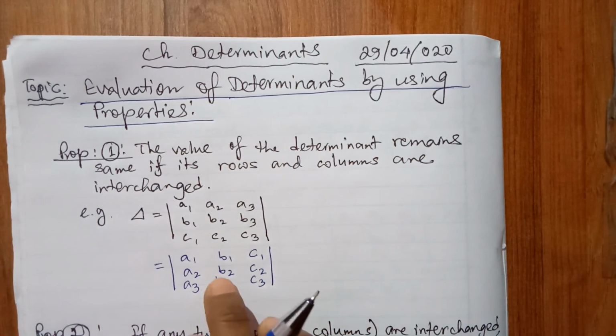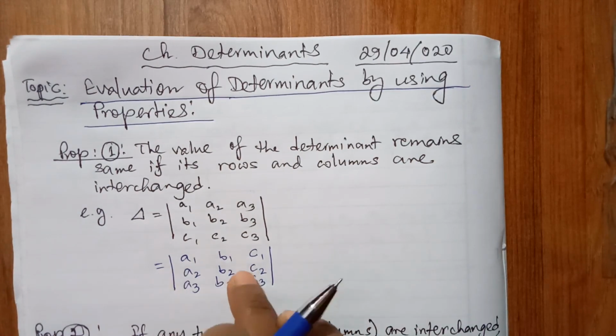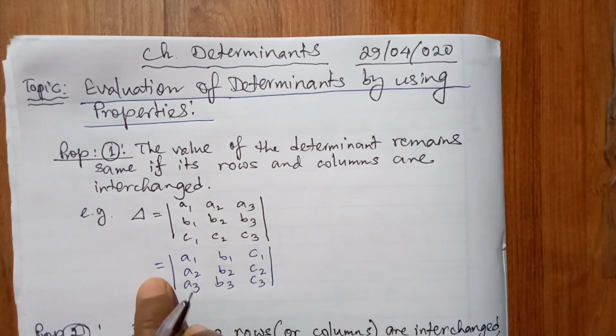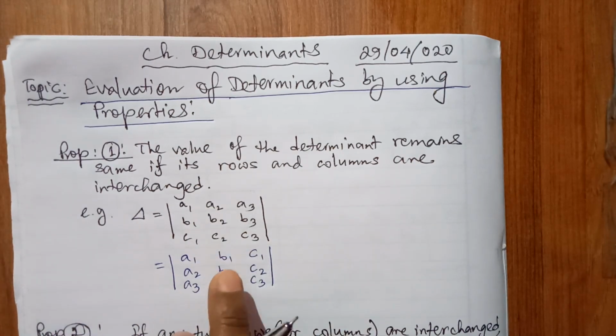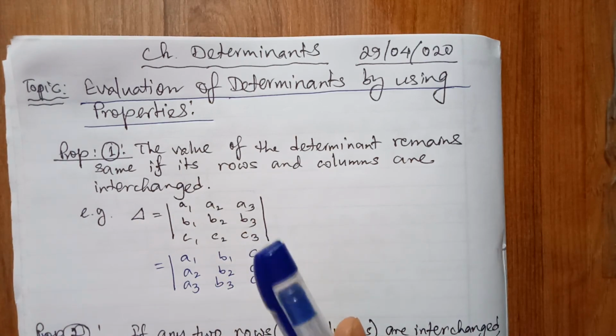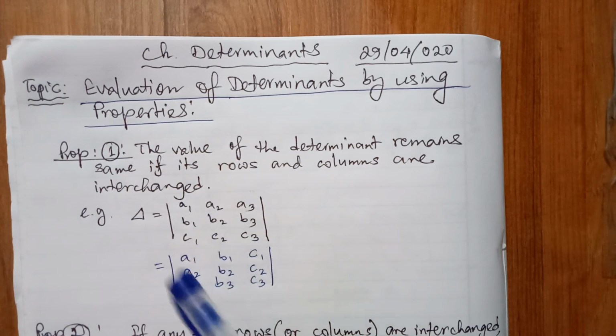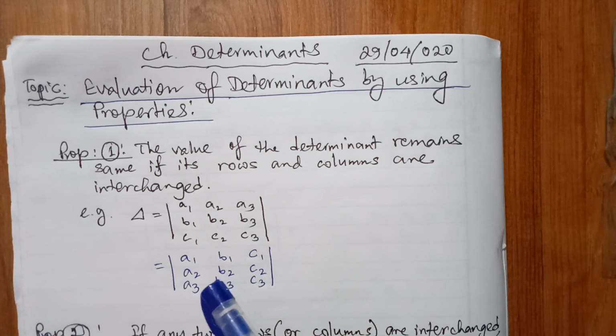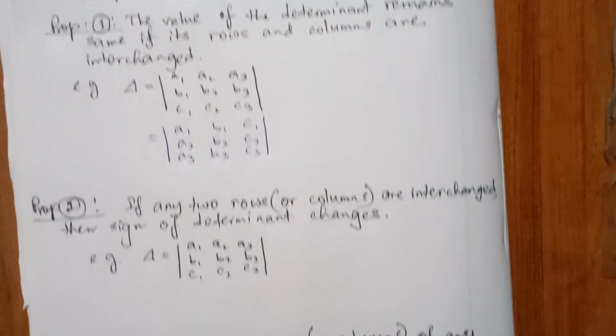So the value of this determinant and the value of this determinant both remain the same. That's why the equal sign is there. So this is the first property of evaluating determinants. When you interchange rows into columns and columns into rows, the value of the determinant remains the same.